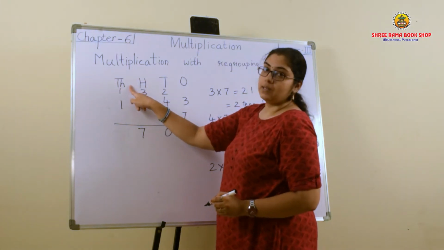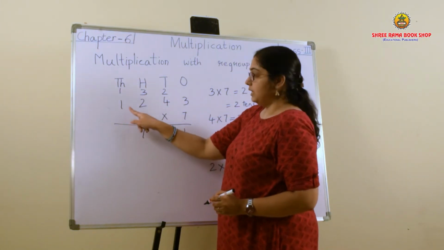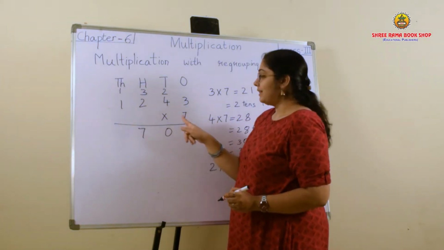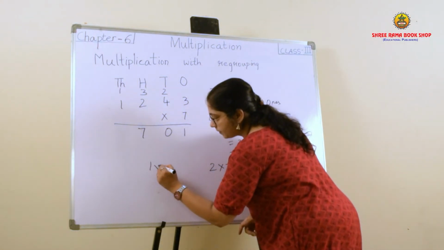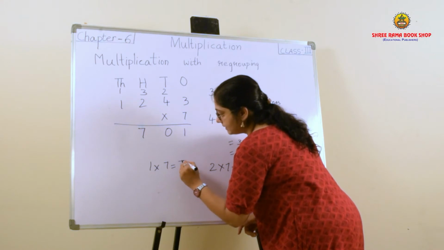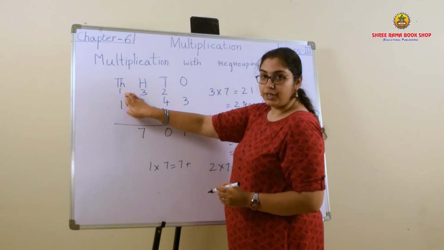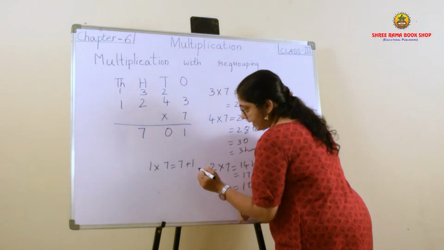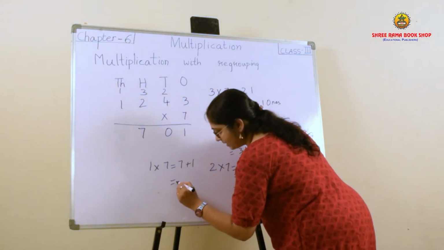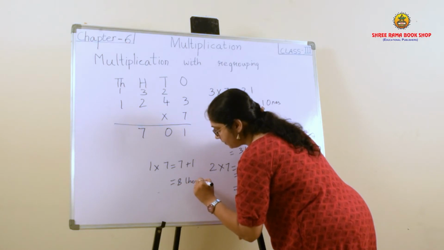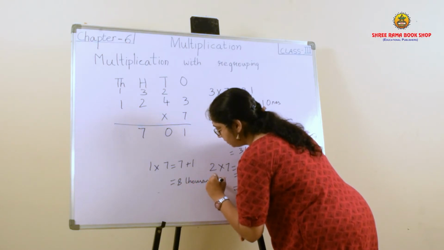Now I will be moving on to the thousands column. In the thousands column I have the digit 1. So I will be multiplying 1 with 7. So 1 into 7 is nothing but 7 thousands plus the 1 thousand which is a carry. So 7 plus 1 is 8. So the answer is 8 thousands.